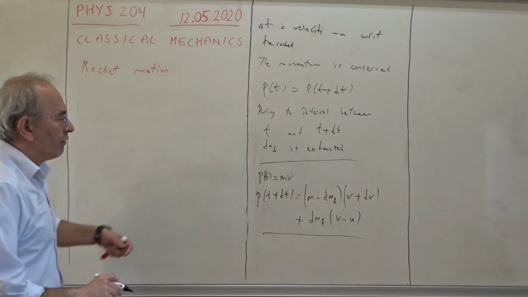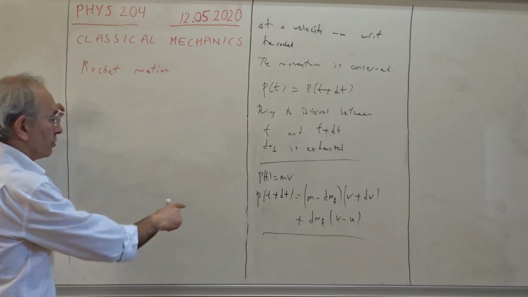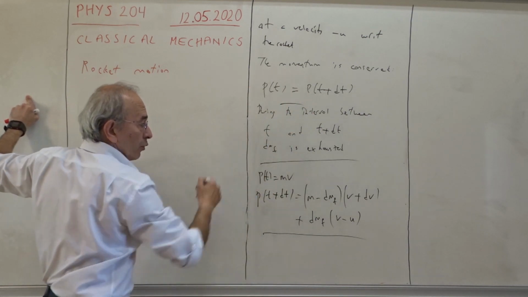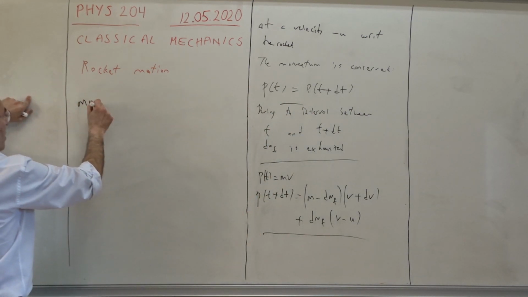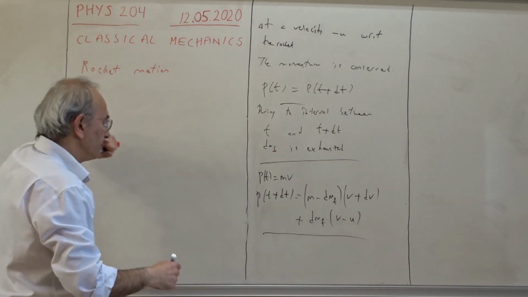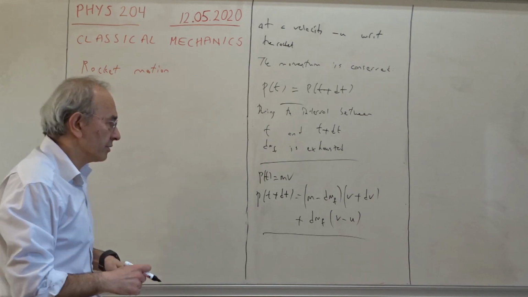Next, we simply open up the parentheses. On the left we have mv, because we have this equation, m times v on the left. On the right, let's open these parentheses and see whether there's a cancellation.